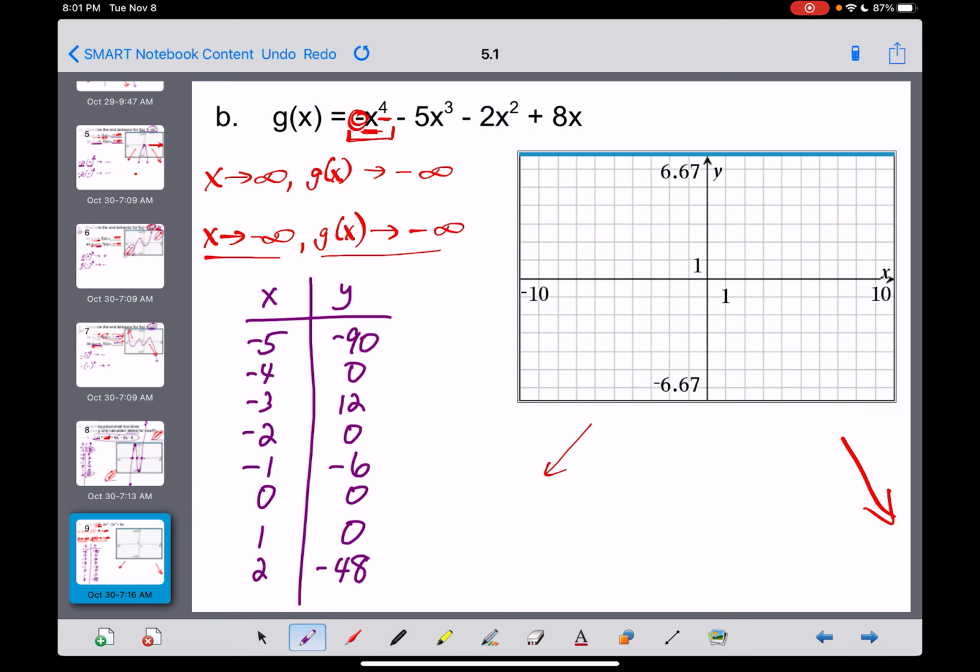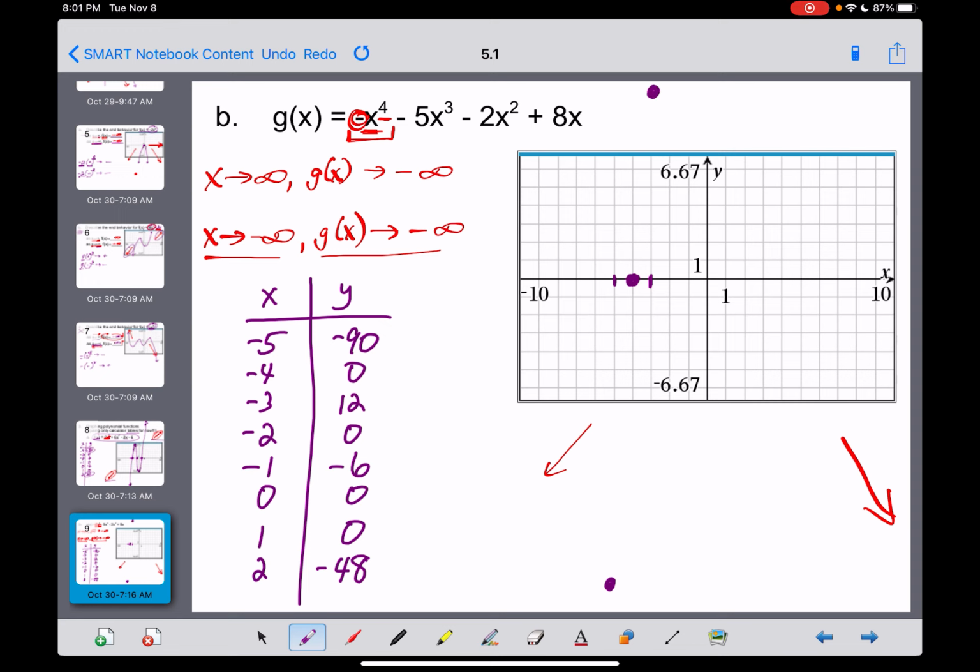Negative 5, negative 90. I'm not going to graph that accurately, but negative 5 is right here. Negative 90 would be way down here somewhere. Close enough. Now I think we can be more accurate, though. Negative 4, 0 gives us this point right here. Then we've got the point negative 3, 12. Here's negative 3; 12 would roughly be up there somewhere.